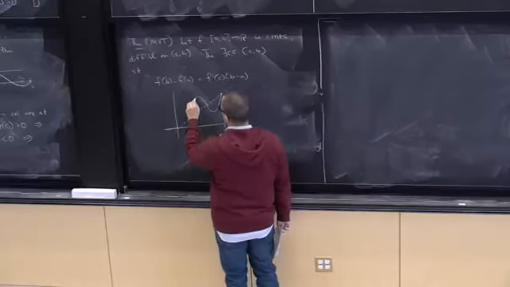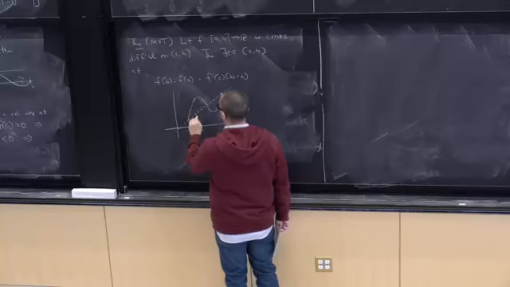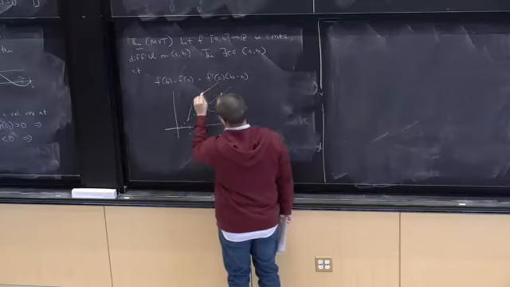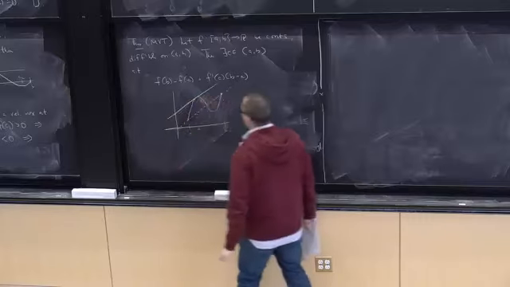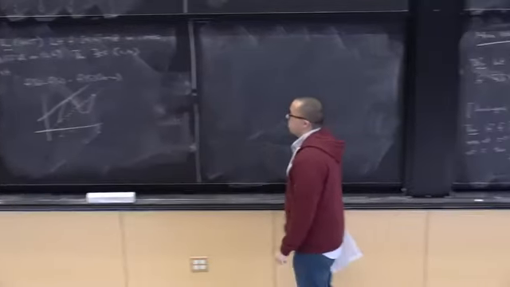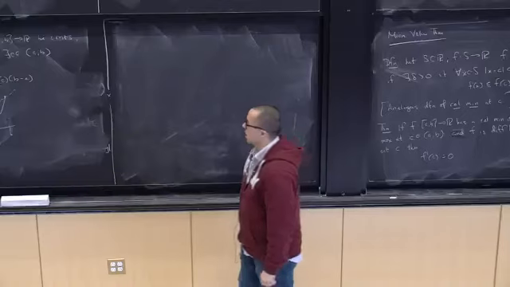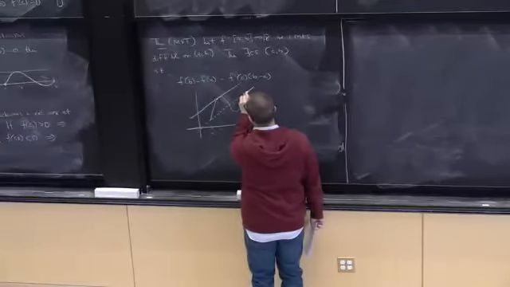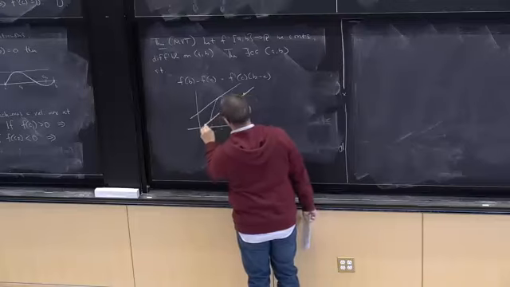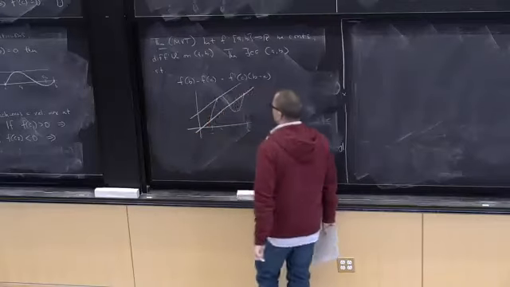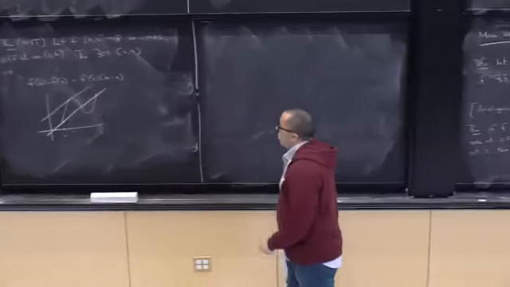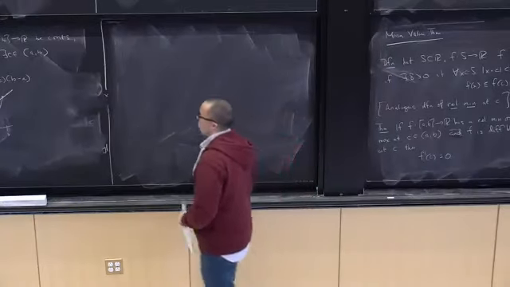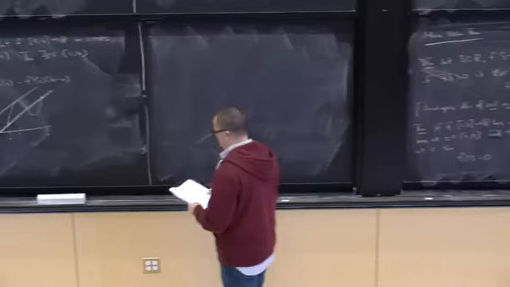And what we're stating is that there's a point c so that the tangent at that point is parallel to that line. Okay, it has the same slope as the line connecting f of a to f of b.